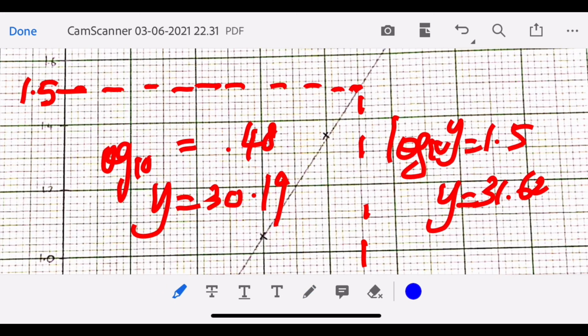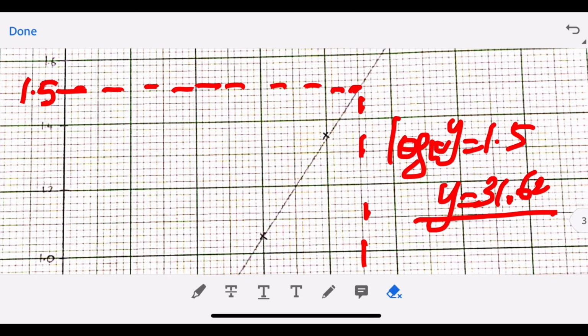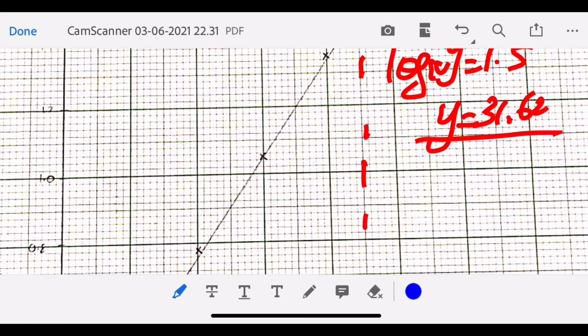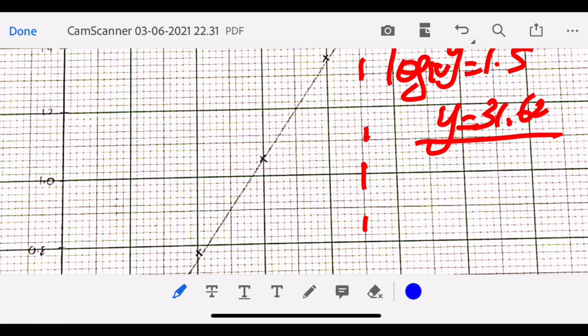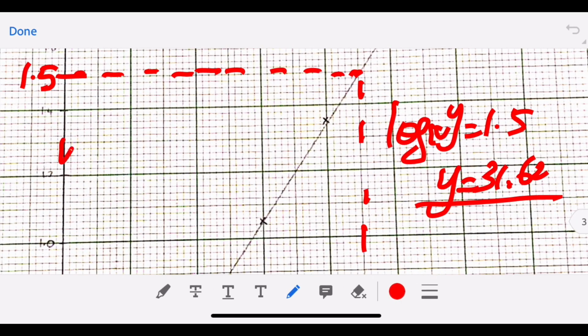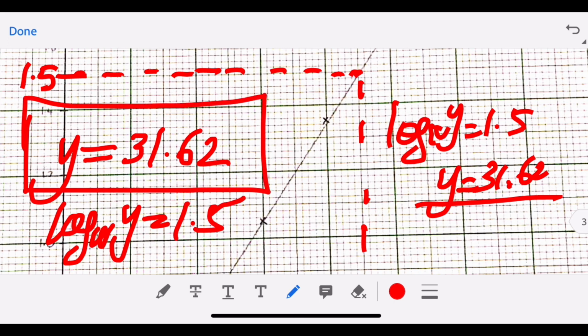Log 10 y is 1.5, so the small y is 31.62. And just to highlight, the small y and log 10 y are not the same. The question is asking you to find the small y value. So that is how you solve for the small y.